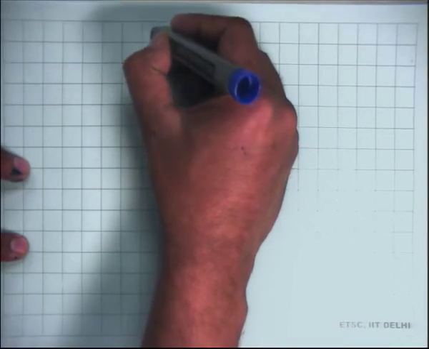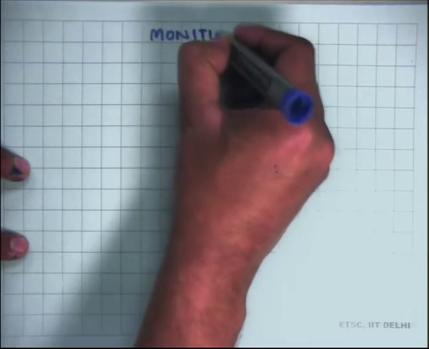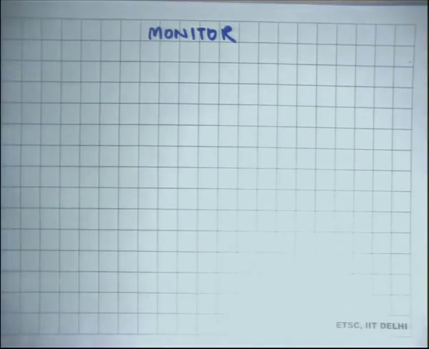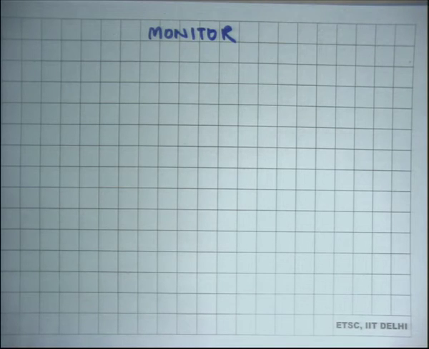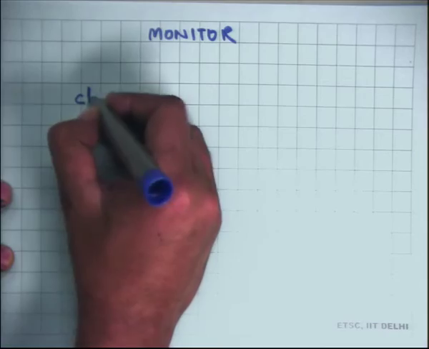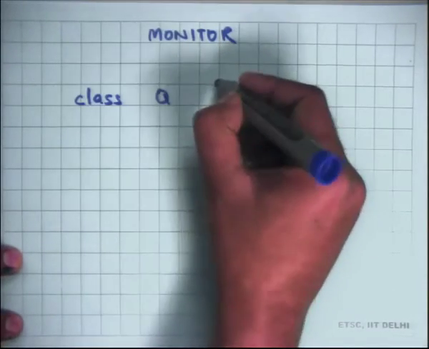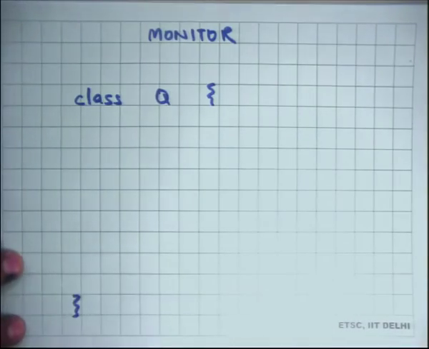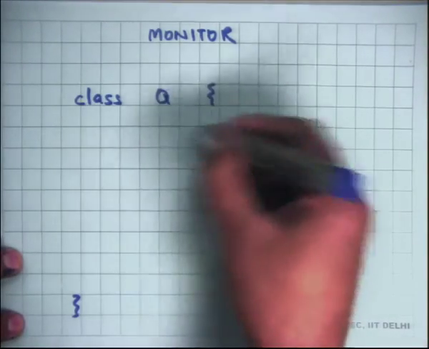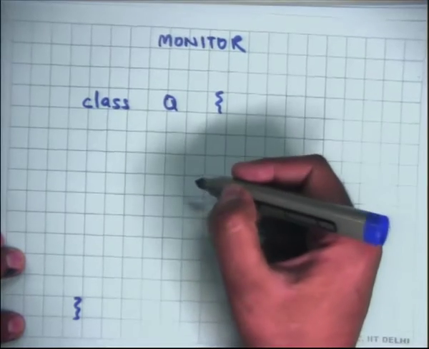there's an abstraction called a monitor, which is first class support inside the programming language to do mutual exclusion, right. So the idea of a monitor is basically that you use object orientation and you define a class which will be called a monitor, and this class will have some shared data.